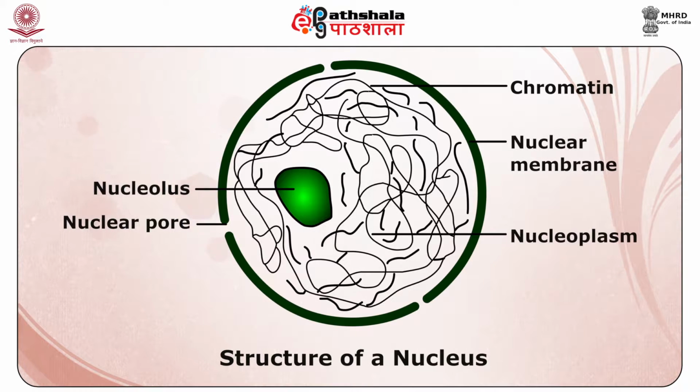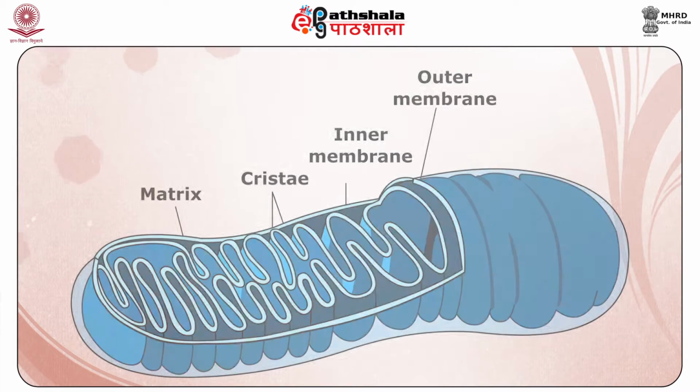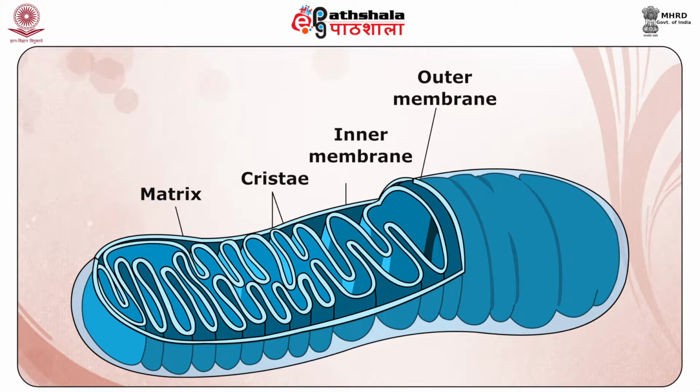The nucleus has the genetic material which is replicated to propagate the cell and transcribed into RNA to express genes and eventually proteins.